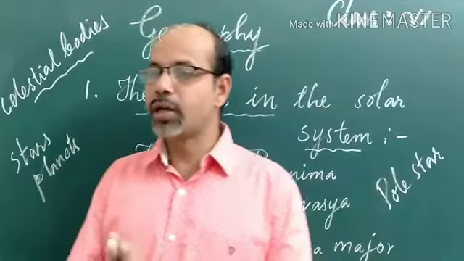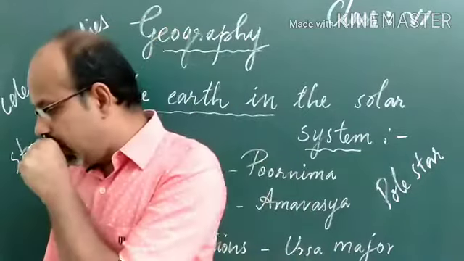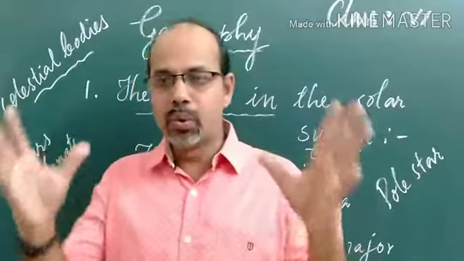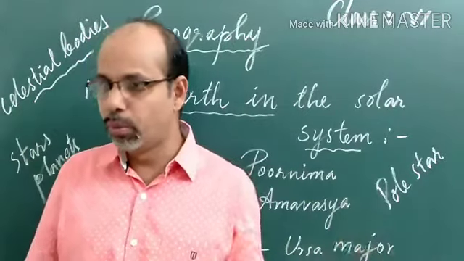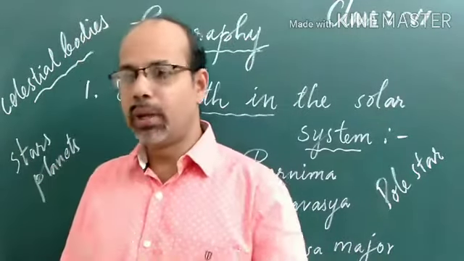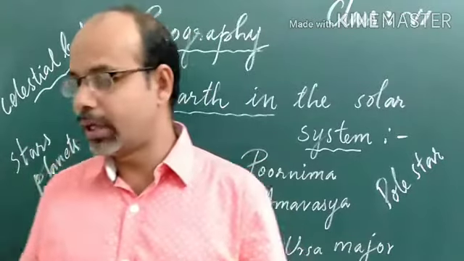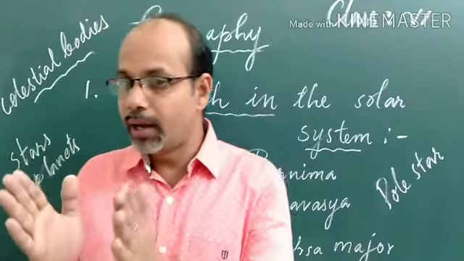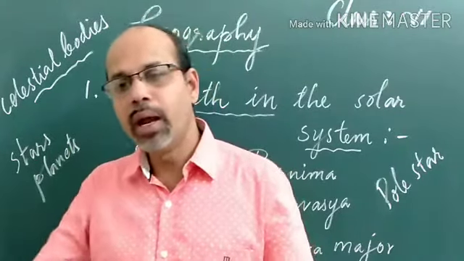This night is known as new moon night or Amavasya. See the difference: when the moon is fully visible, that is called full moon night or Purnima. After 14 days, or a fortnight, we find Amavasya, when there is no moon and it becomes fully dark.